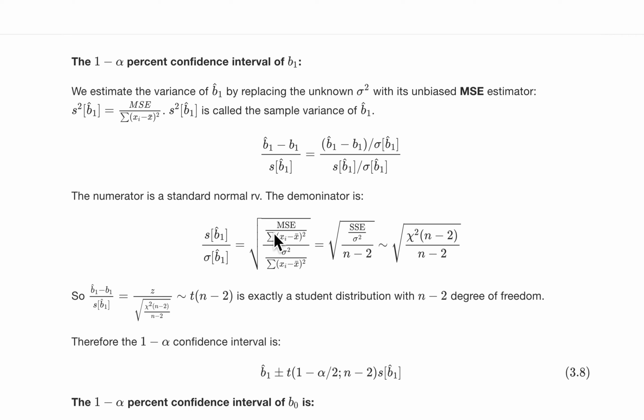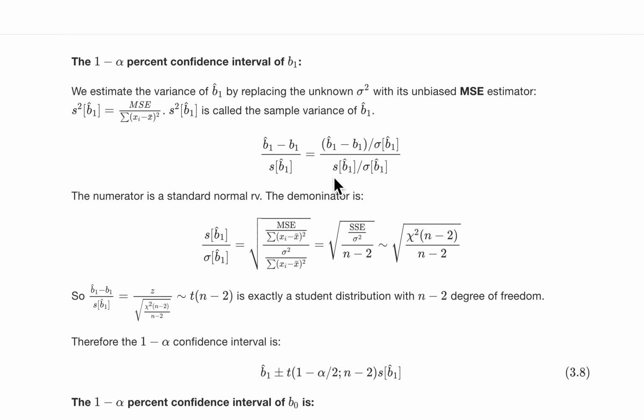And we can construct a t-distribution as follows, as what I showed here. We divide by its sample standard deviation, but in both numerator and denominator we also divide by its actual standard deviation. Then these two will cancel out.